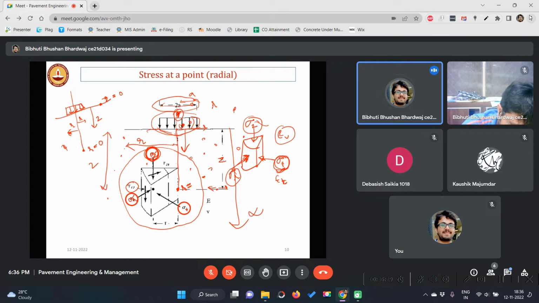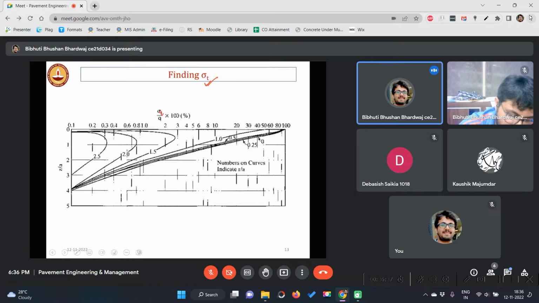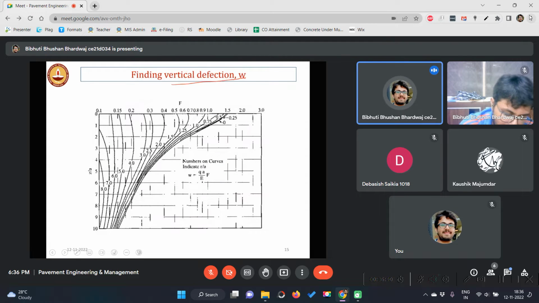Because of this it will deflect, and that deflection W can also be found using this particular chart. The numbers on curves indicate r by a, and z by a is here, so you can find F, and using F, Q, a, E you can find W. Don't worry, we will solve many numericals so that you get a clear idea of how to use these charts.